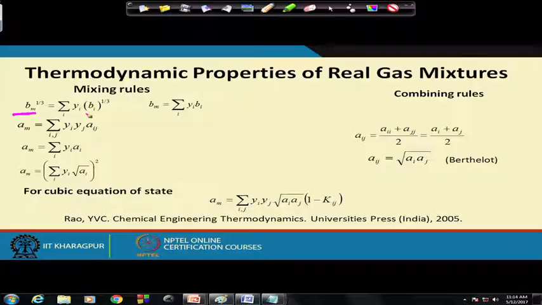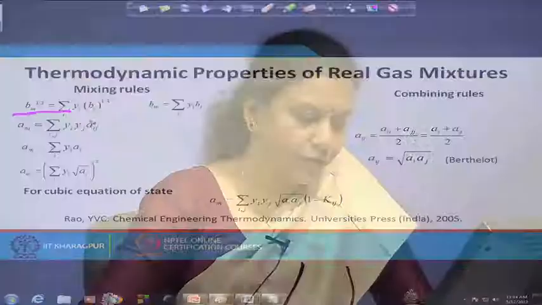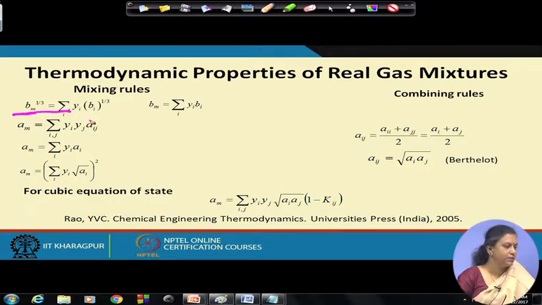Now, there are two ways of expressing Bm, as I have written down in this slide. The first one, what does it assume? It assumes spherical molecules and additivity of diameter. From assuming additivity of diameter, Bm is given in the form that I have written here.